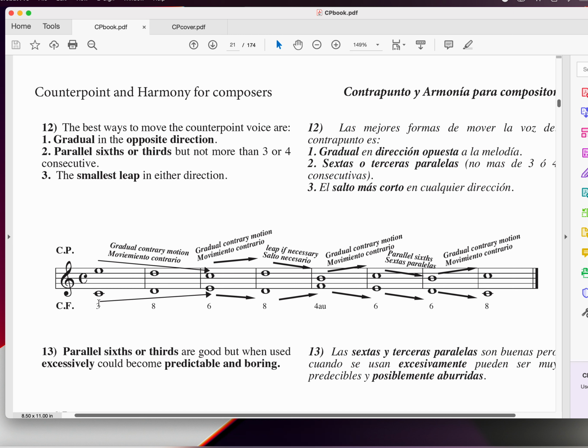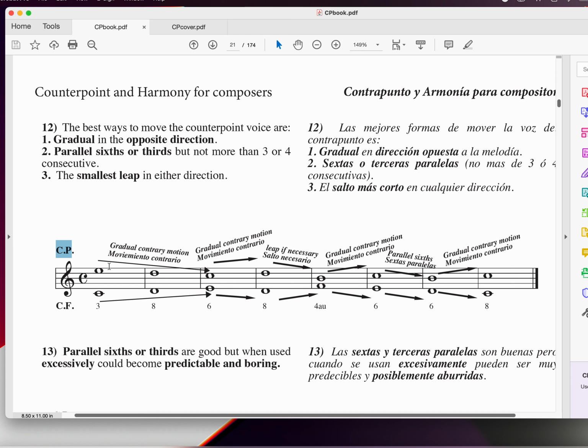on the first species. If the bottom note goes up, ascends gradually, then the counterpoint melody may descend gradually, creating a gradual contrary motion, which is the best, the most desirable movement.